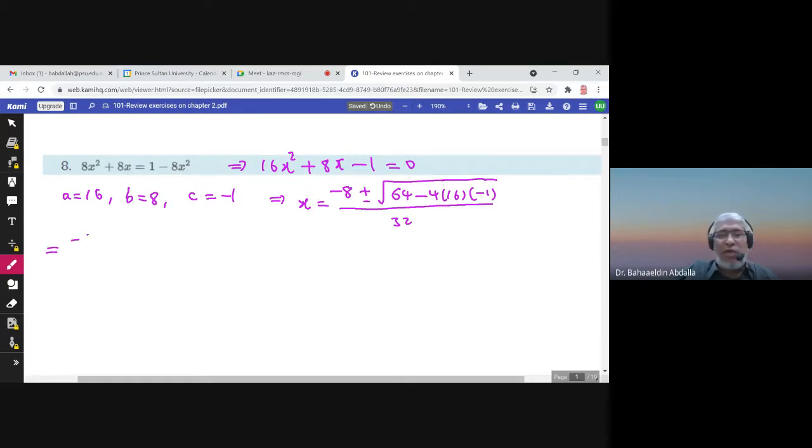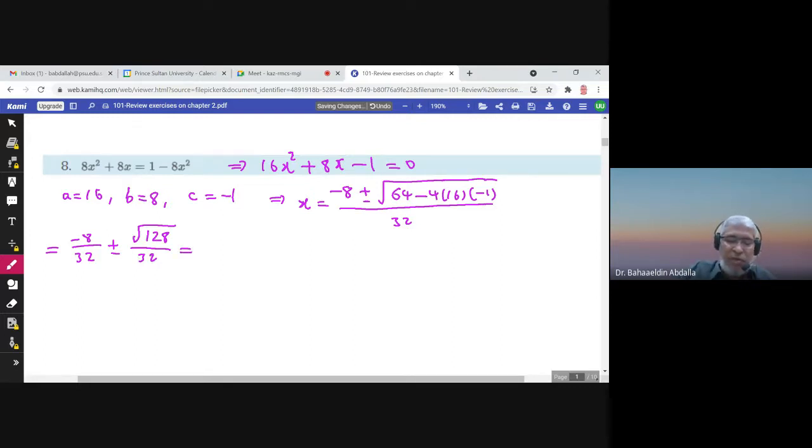So it would be negative 8 over 32 plus or minus the square root of. Now this is 64, plus, because minus times minus gives you plus, 4 times 16, which is again 64. So we have the square root of 128 over 32.